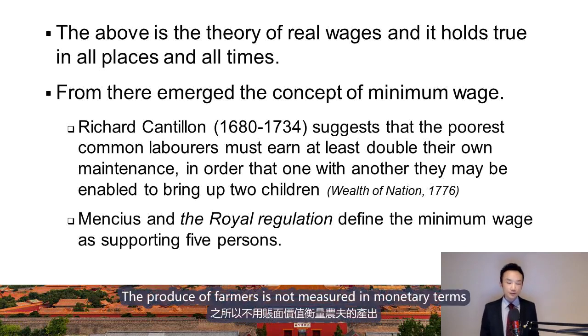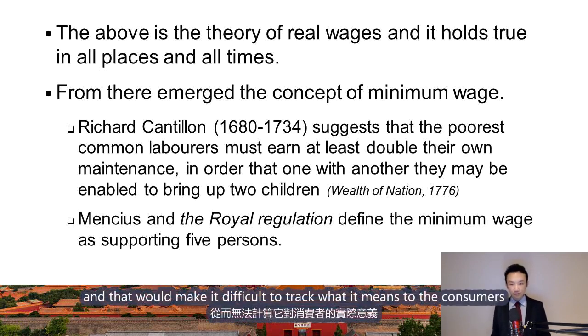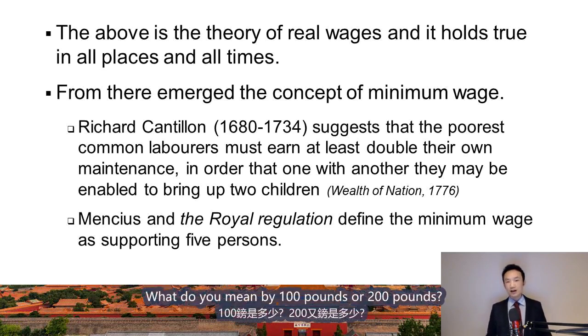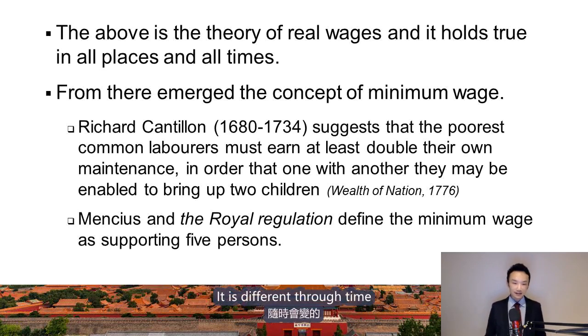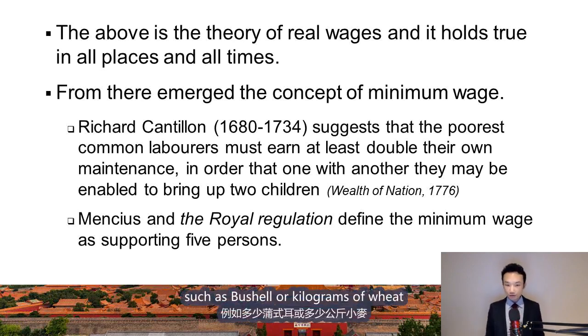So the produce of farmers is not measured in monetary terms because the value of money can apparently change through time, and that would make it difficult to track what it means to the consumers. Right? What do you mean by £100 or £200 is different through time. And it is also not measured in terms of the quantity of goods, such as bushels or kilograms of wheat.